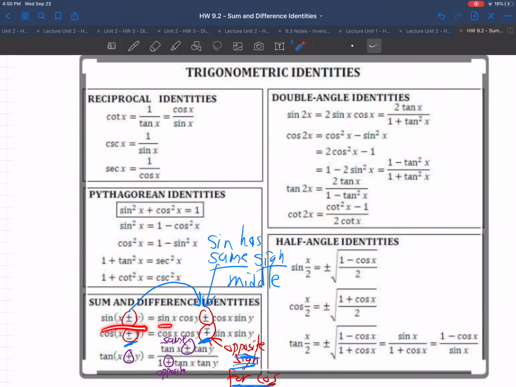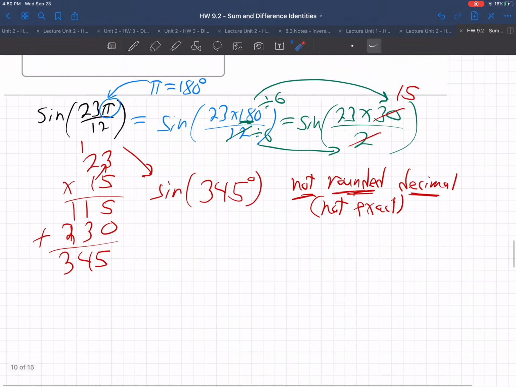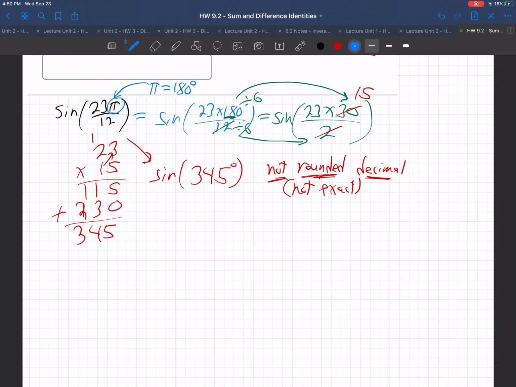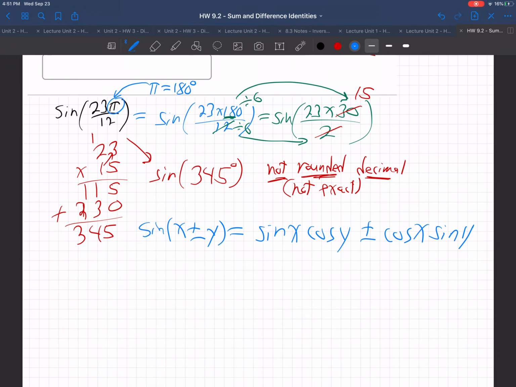Sine of two angles added is sine, cosine, cosine, sine. I'm just going to recopy that formula up here. So the sine of two angles added or subtracted is sine x cosine y, cosine x sine y, with the plus or minus in the middle.